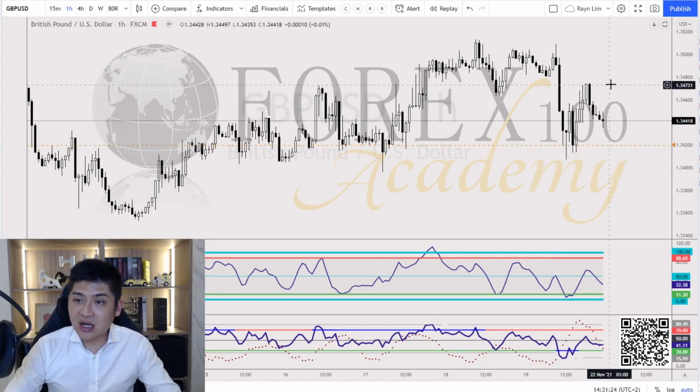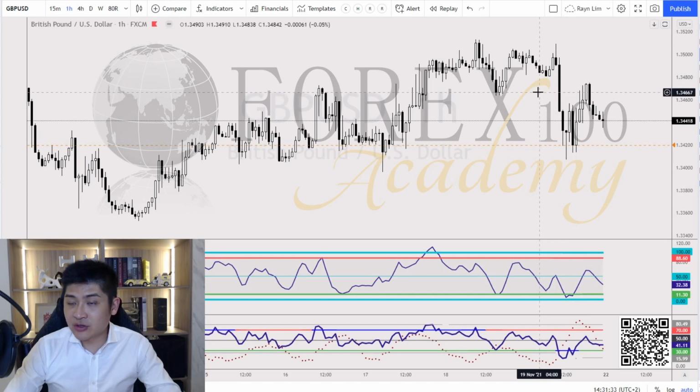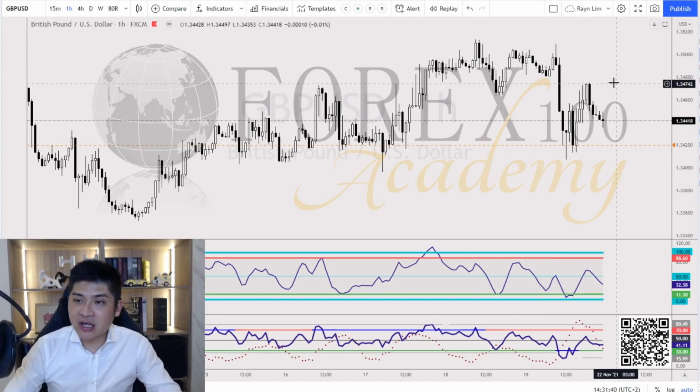Now, of course, the first target for myself, let's say if I'm going to buy, will be the region 1.3473 to around 1.3466, which is a very close range, about 7 pips. That's the range you can look for the first target, or at least shift stops to entry, correct?